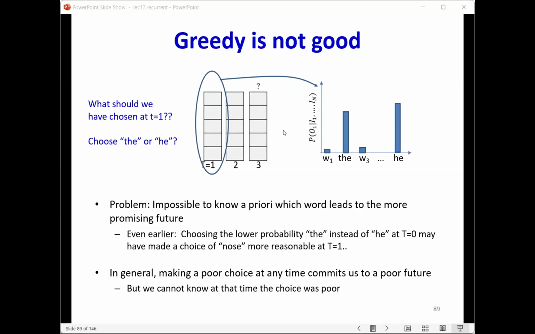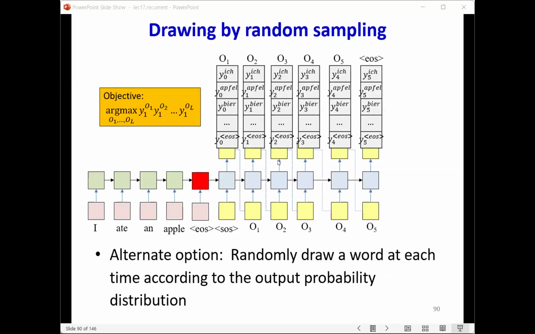And it's very likely that when you get to the third word, the overall sequence is more likely. So the fact that you had to choose the and not he only becomes evident after some time. And we don't have look ahead, we don't have particles.